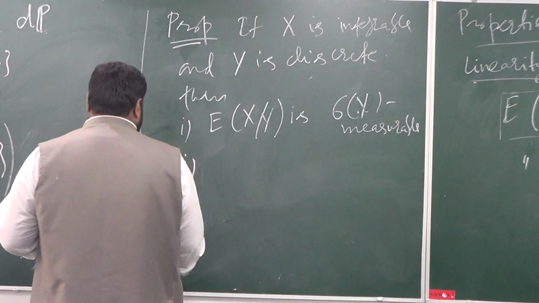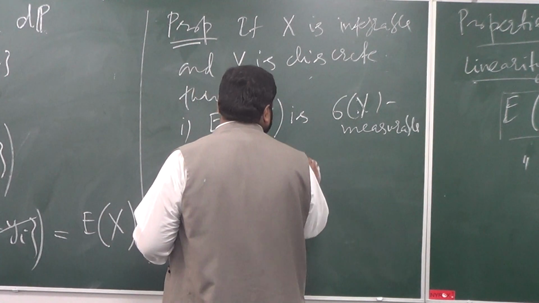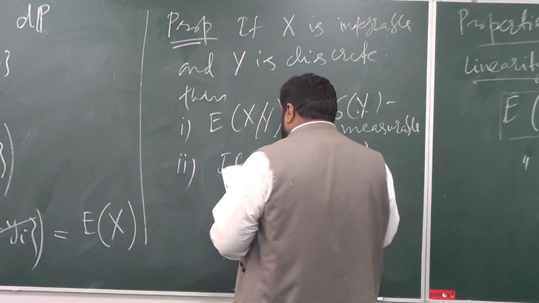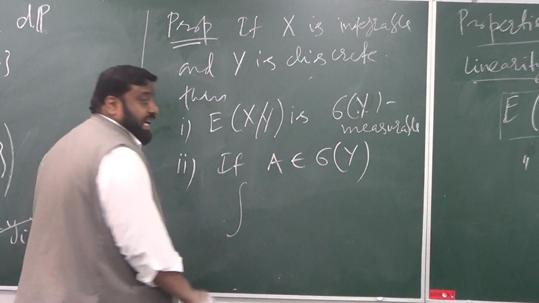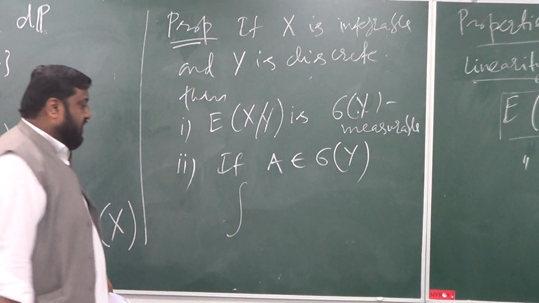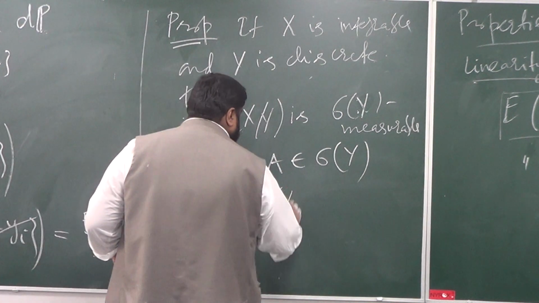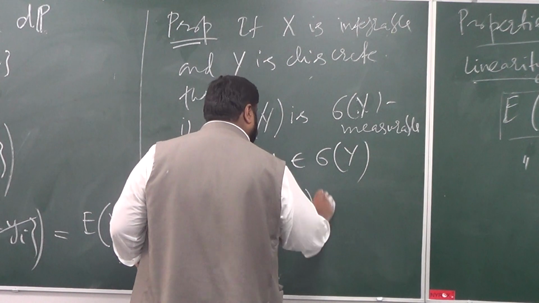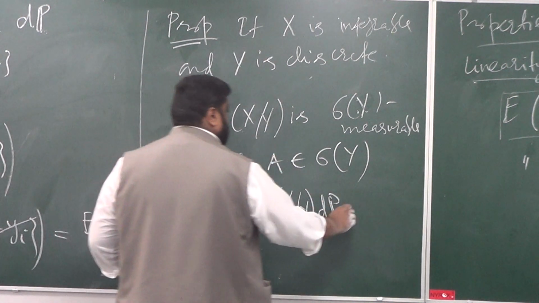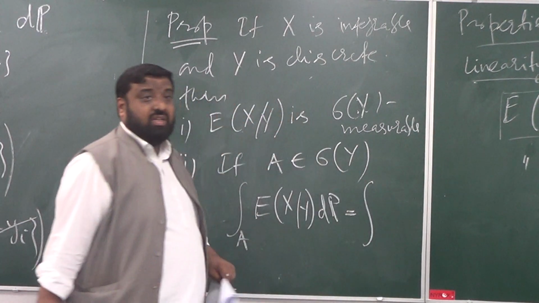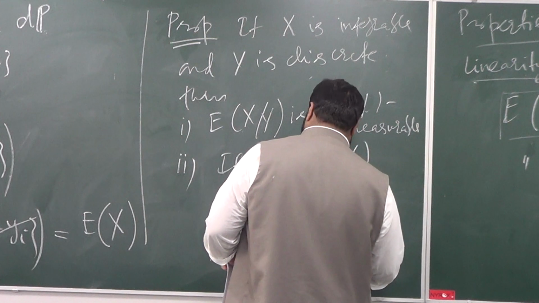The second property is that if you take any measurable set A from the sigma field generated by y, you will see that the integral of the conditional expectation of x given y with respect to dp over this A is equal to the integral over A of x dp.